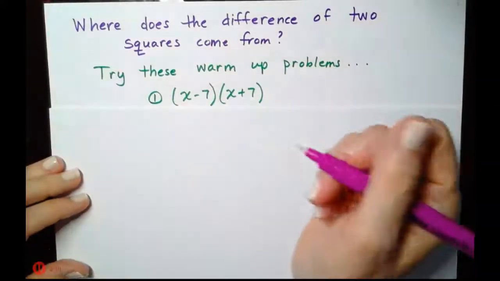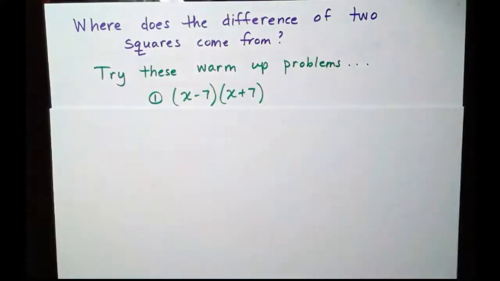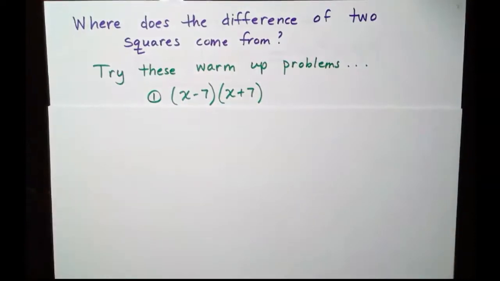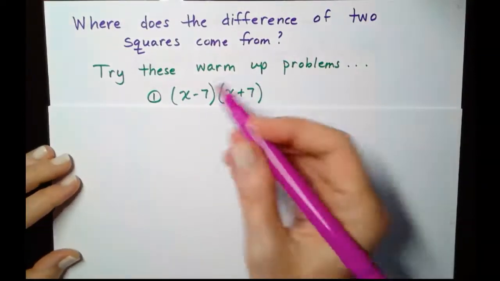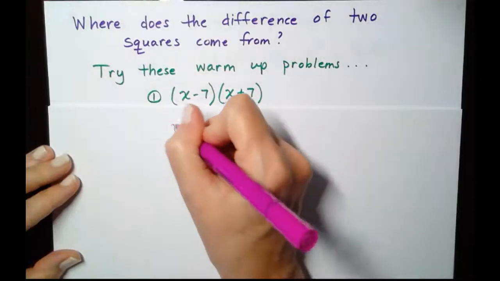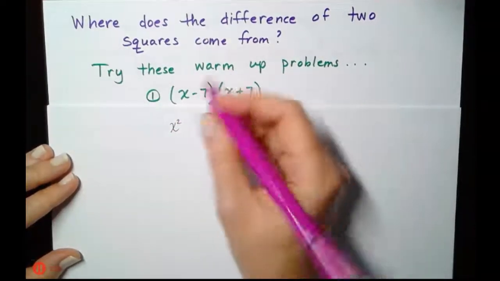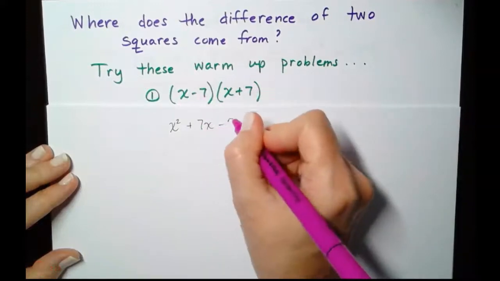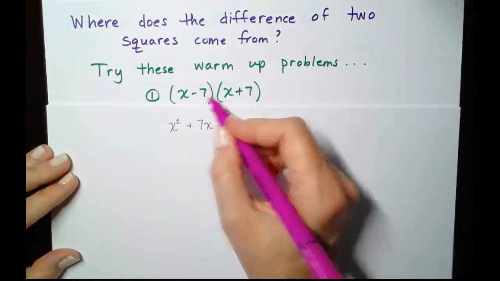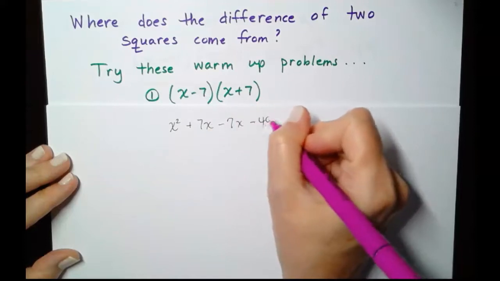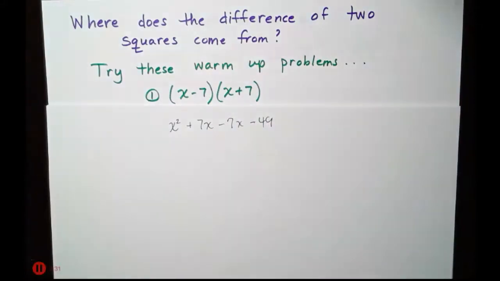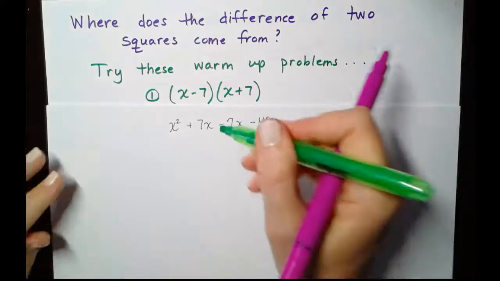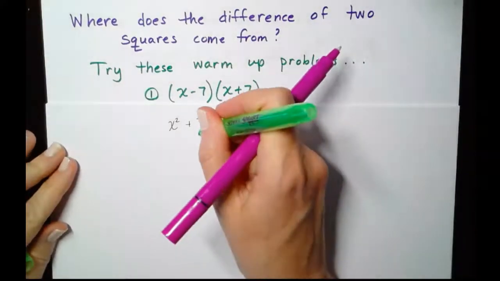If we're using the FOIL method here, remember FOIL method: first, outsides, insides, last. So first, x times x, x squared. Outsides, plus 7x. Insides, negative 7x. And last, negative 49. Now, something magical happens when we are getting difference of two squares.